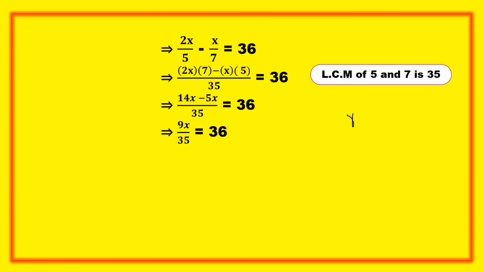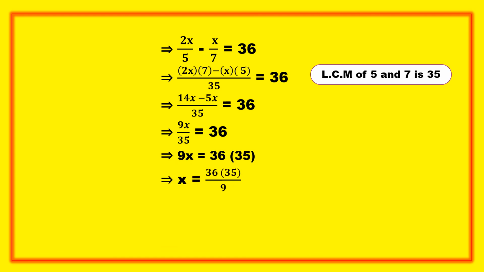Now we want x, right? We want the number, which means x we want. So apart from x, whatever things are there, you should send them to the right side. Here 35 is dividing. When it goes to the other side of the equation, it becomes multiplication. So I can write 36 into 35. Now with x, 9 is multiplying, so I can send it to the division.